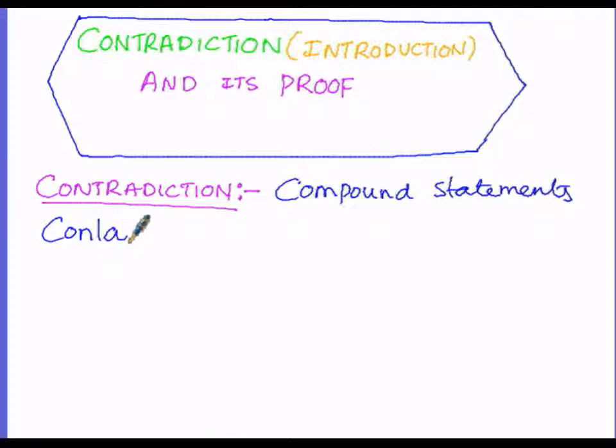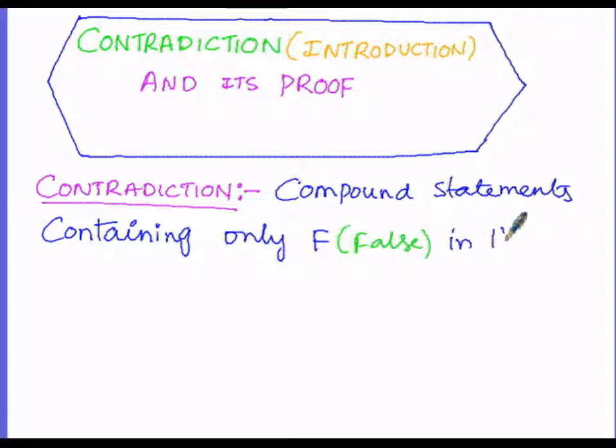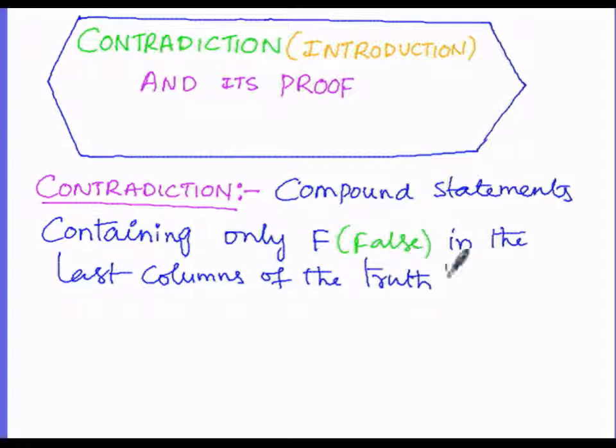So here compound statements containing only F, where F indicates the truth value false, in the last column of the truth table are called contradictions.